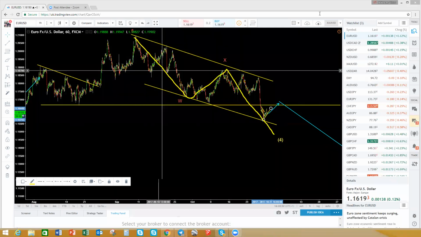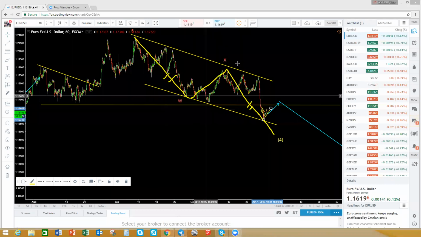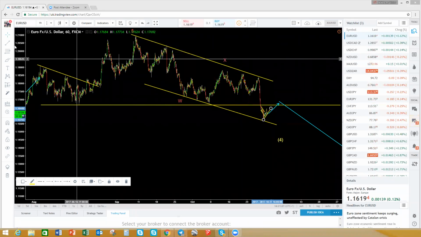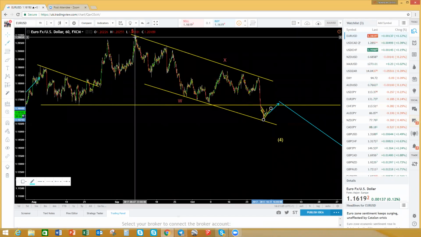And I'm anticipating that this, because of a zigzag rule, should be equal. Are they equal right now? Let's check if they are equal and how far that still needs to go before we can start looking at a buy.